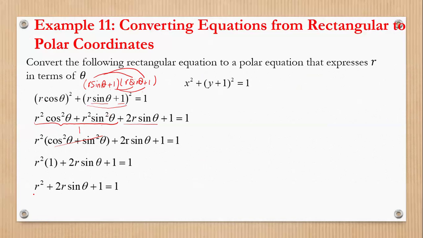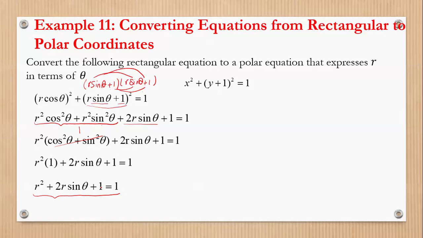Now to simplify this equation, I see that I have an equation which is actually a quadratic equation in terms of r. Because I have r squared, I have r, and I have a term without r. And I know to solve any quadratic equation, I have two options, using the quadratic formula or factoring method.